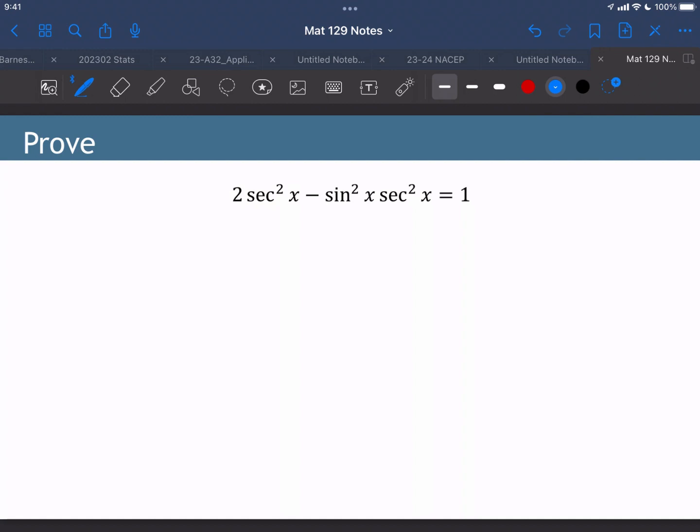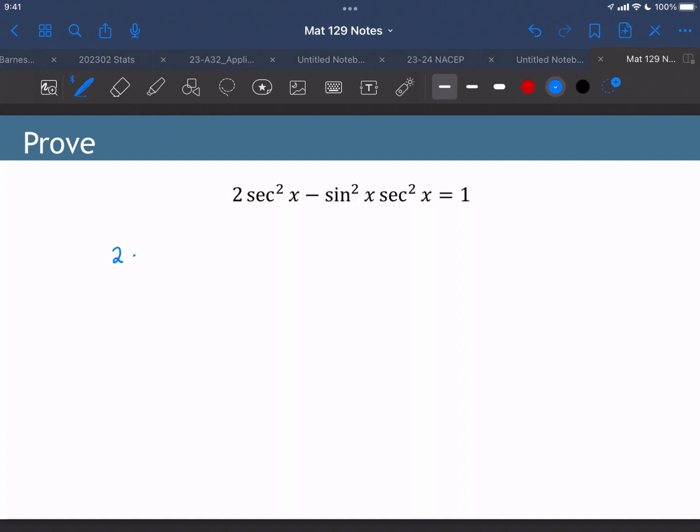You don't have to. There are some identities out there with secant, like secant squared is 1 plus tangent squared, I think. So I could change that secant squared into that. But I'm just going to change it all to sines and cosines. So 2 times, now secant squared is what?